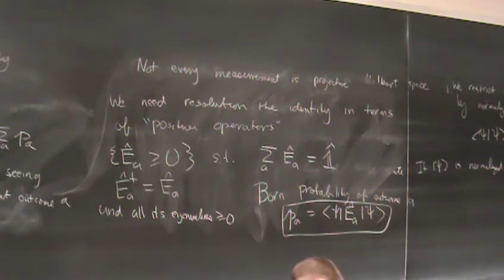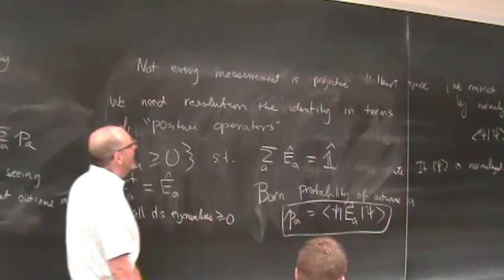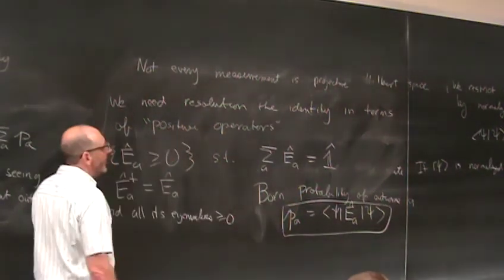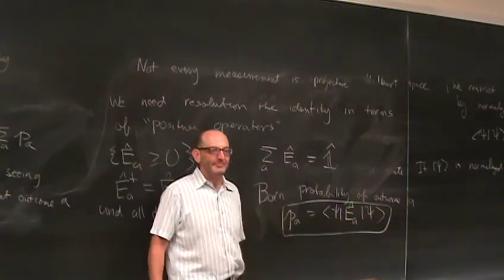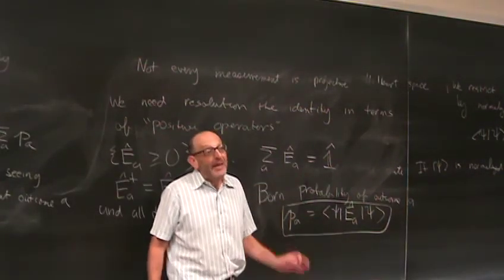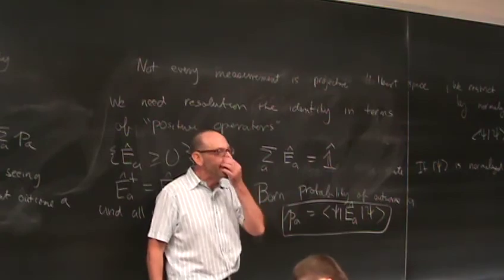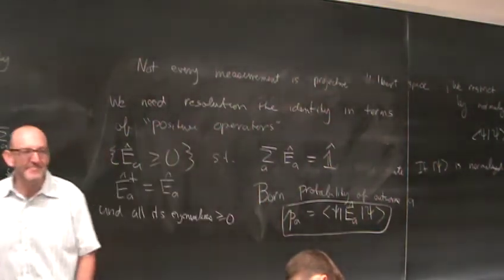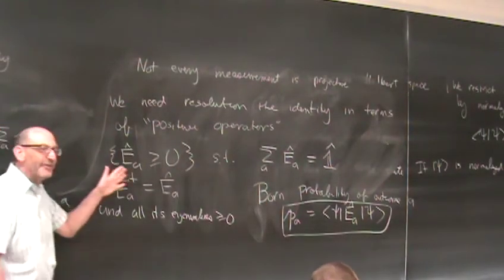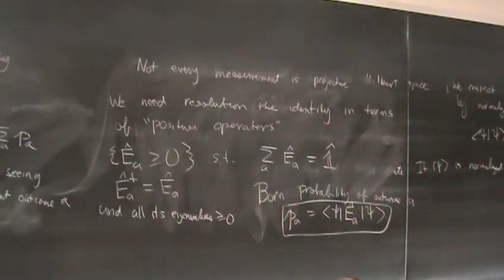Every measurement that one can do in the physical world is defined by a set of positive operators that add to 1. You may never have seen this before. Most physicists haven't, but they should, because this is what really is true. It's almost impossible to do such a measurement that's really projective. That would require a lot of resolution in your detector.